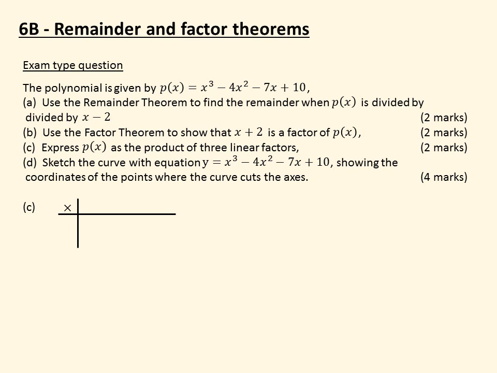Part C. We're going to split the cubic up using the reverse table method. So we write x and 2 down the left. Our cubic expression is going to be inside the table, and our quadratic expression will be across the top.